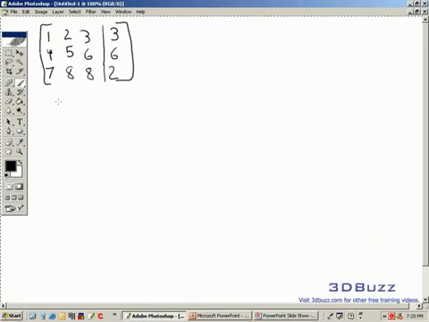So we're going to start by applying to row 2: row 2 minus 4 row 1. And at the same time, I might as well do row 3 minus 7 row 1.